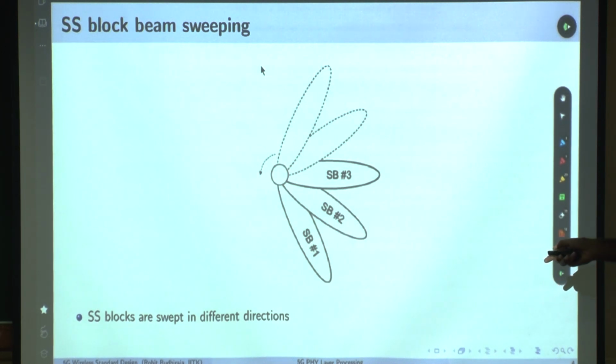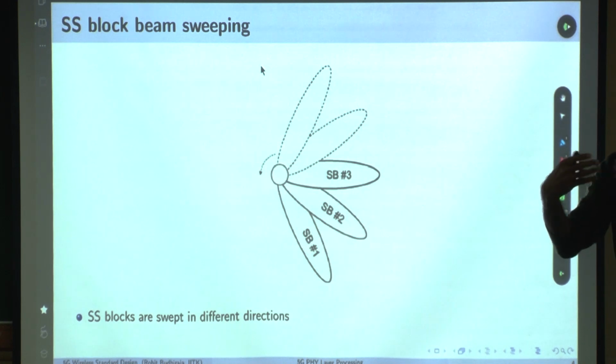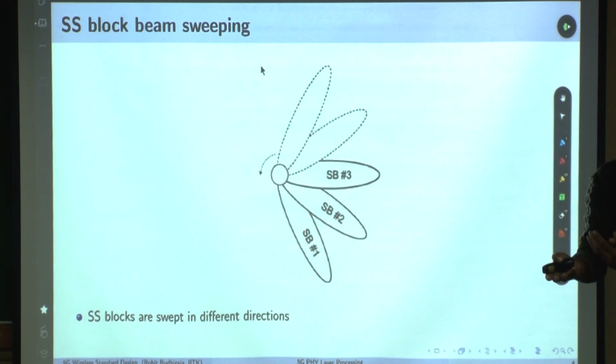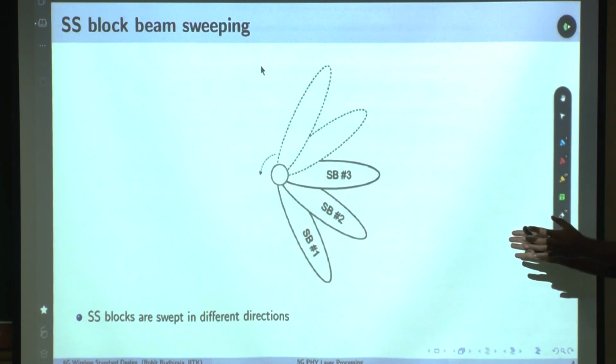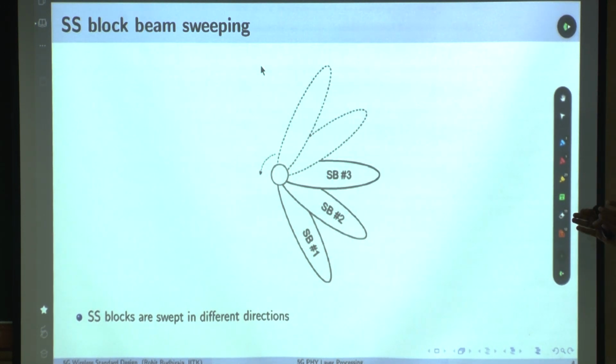So this problem doesn't happen in FR1. Please understand that, because in FR1, even if you broadcast, users will be able to receive sufficient signal strength because the channel is not that bad. But this is mandatory in FR2, where the signal strength becomes very bad because of the hostile channel. So this is a key difference between FR1 and FR2 synchronization.